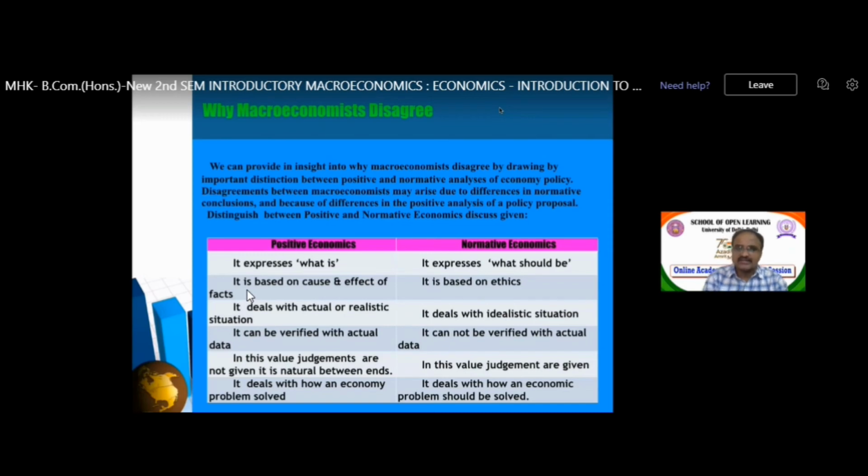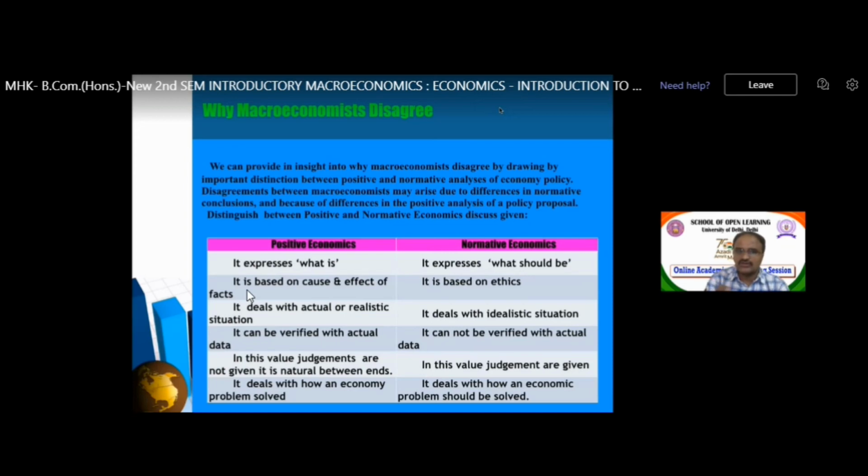Right? Another difference is that positive economics deals with actual and realistic situations, and normative economics deals with idealistic situations. Next difference is that positive economics can be verified with actual data, and normative economics cannot be verified with actual data, simply said. In positive economics, value judgments are not given, it is neutral, and in normative economics value judgments are given.